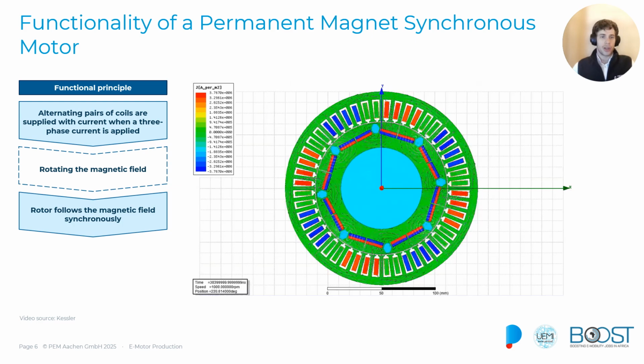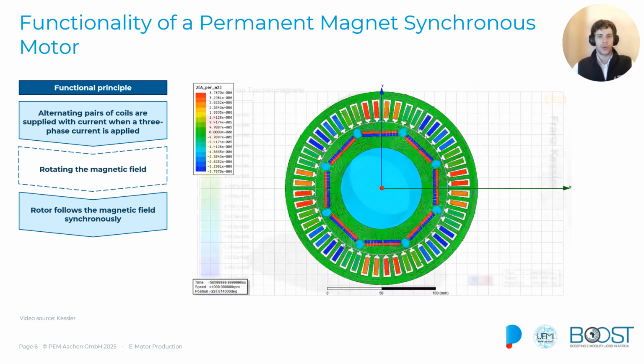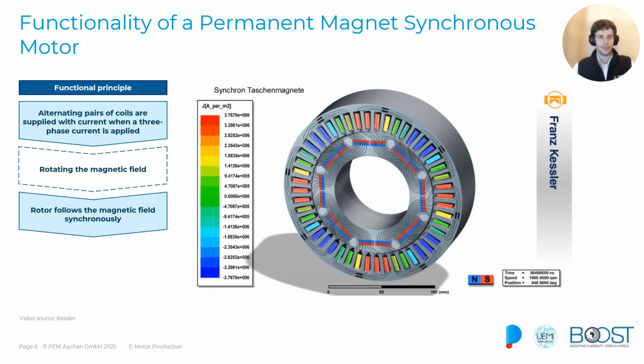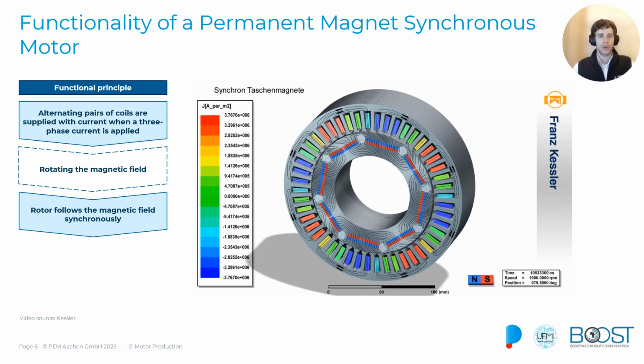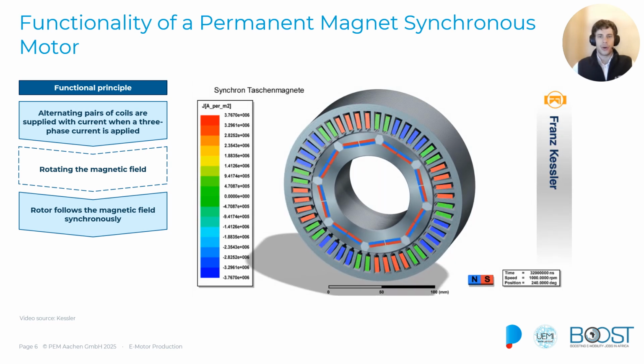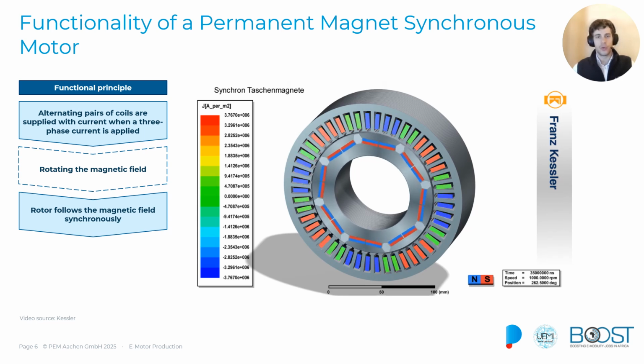This moving magnetic field continually pulls the rotor poles toward the next stator poles that are energized. The rotor follows synchronously. Red is always paired with red and blue is always paired with blue. And we see that only the rotor as a part itself creates torque and is moving. The stator is only switching the magnetic field.